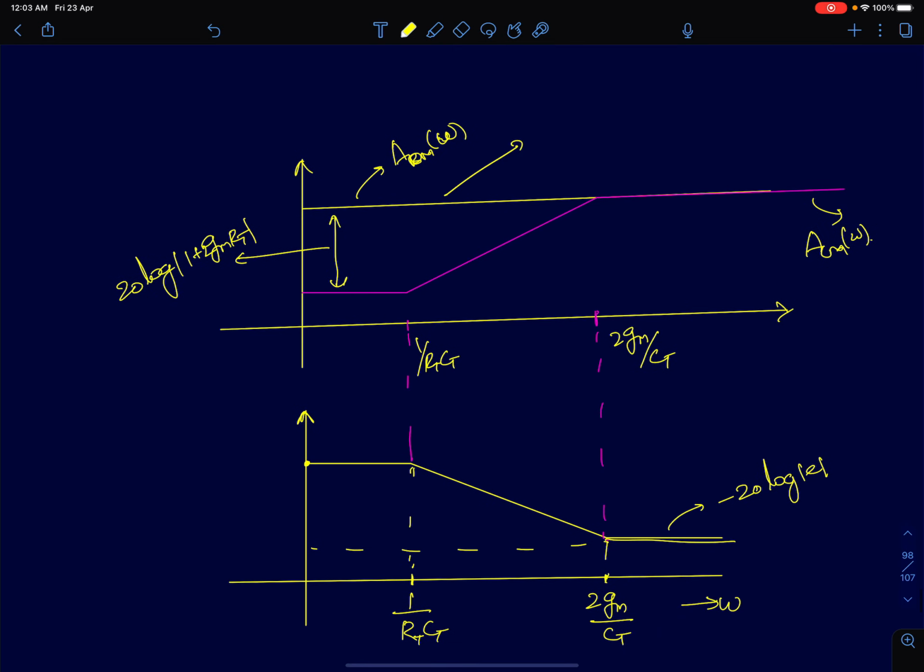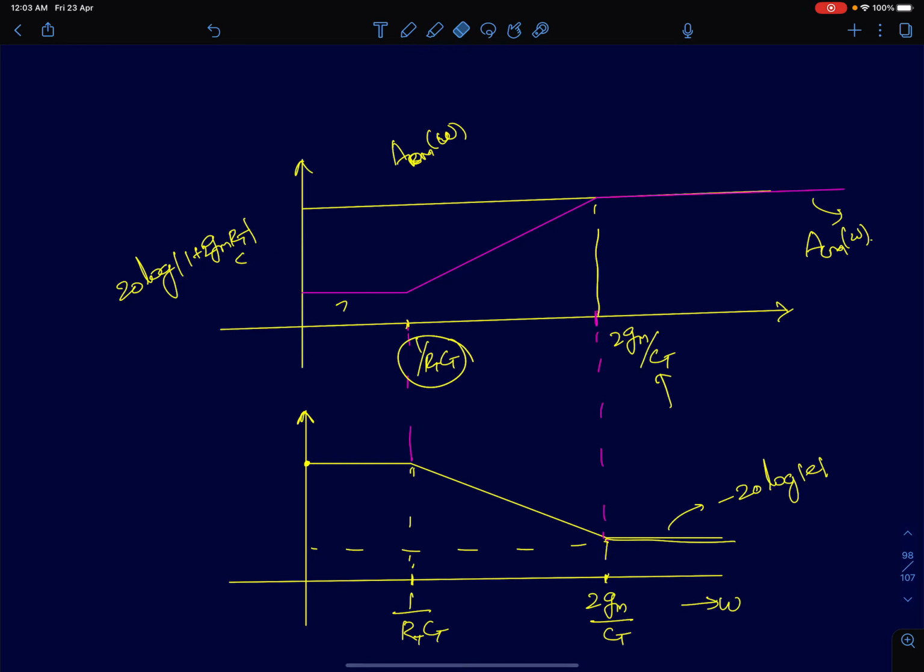So shown here is differential mode gain. This shown in pink here is common mode gain. So you can see that the common mode gain increases after 1 by RT CT and it starts to flatten out after 2 GM by CT. Now we have to subtract this graph minus this graph. So divisions become subtraction. That's one of the reasons why we went for logarithms.